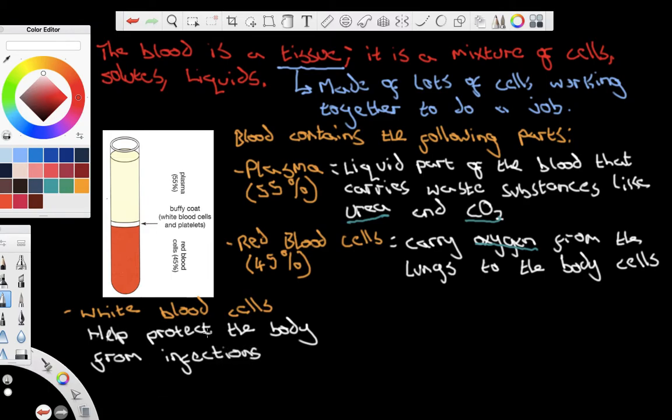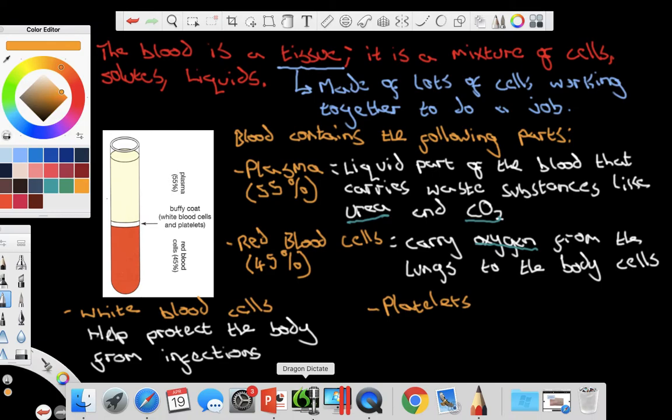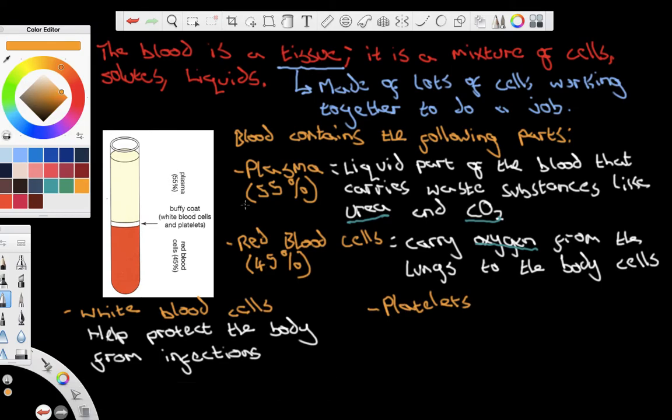And the final part that we need to talk about are the platelets. Now, these are parts of cells, or parts of dead cells, which allow clotting at wound sites. So when you cut yourself, it's the platelets that cause the cut in your skin to be blocked so that infections can't get into your blood and you stop losing blood, okay?